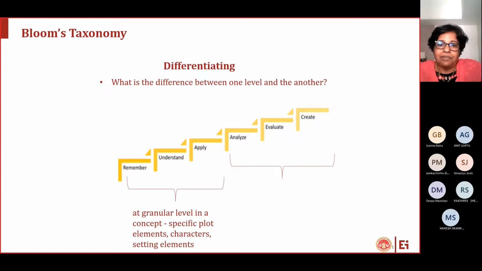I will show you about 6 questions, and I want you to tell whether the question is at a granular level or at a conceptual level. That's all we are going to check for. We are not going to check whether it is remember, understand, apply, or analyze. We will just say granular level or conceptual level.